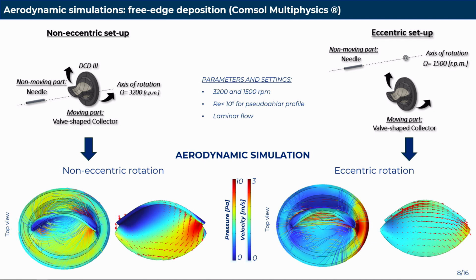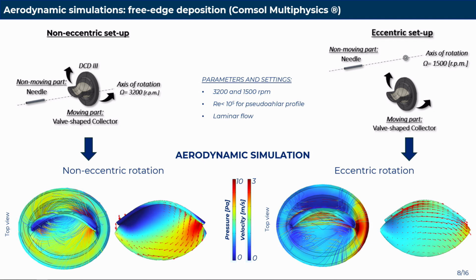After that, we moved towards the study of the setup in order to obtain an anisotropic leaflet, and we ran, again, FEM aerodynamic simulations to understand how the air flow and pressure fields affect the deposition. We proceeded with the eccentric setup, so we moved the axis of rotation of the collector, having an eccentric configuration, compared to the non-eccentric configuration where the axis of rotation passes through the center of mass of the collector.